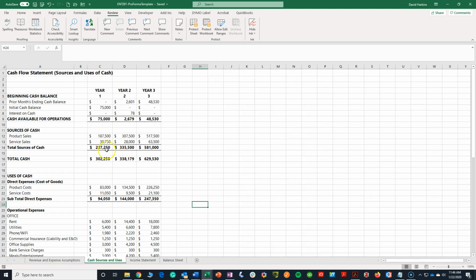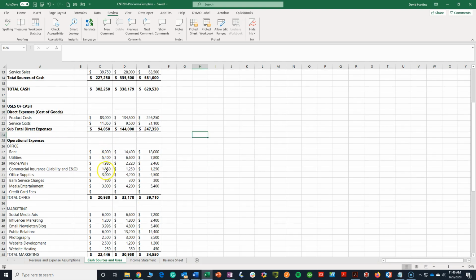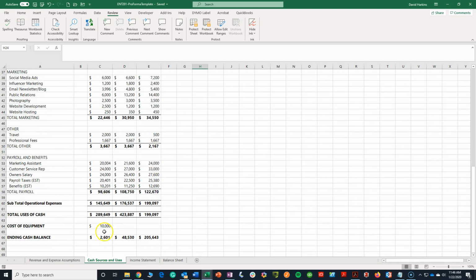I can see a summary of my sales here in the first year, what it's going to cost me to manufacture, what my overall costs are going to be, and then it tells me, even after I buy the $10,000 in equipment, at the end of the year, I should have, if all goes the way it's supposed to, and I will tell you that it will not go the way you expect it to, but if it does, you should have an ending cash balance of $2,600. That is what you will have in cash with your $75,000 investment, assuming everything goes as you have planned and in line with your assumptions.